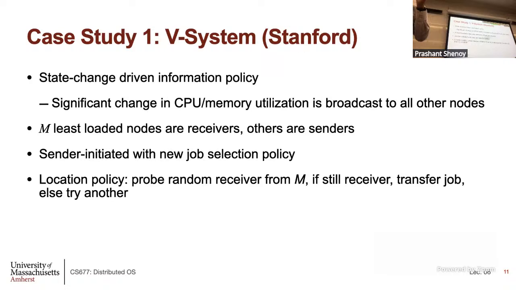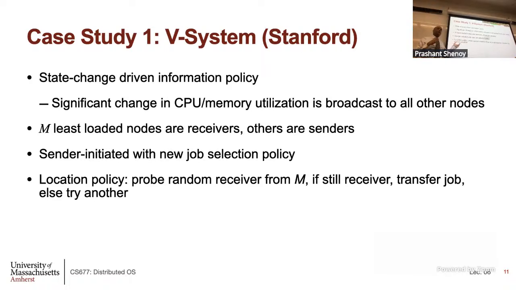But if you pick at random, the assumption is that different senders will pick different nodes from that list of M, and that automatically distributes the load without doing any extra work. Because your M is still a small number, this approach distributes the load that the senders might send to the receiving nodes.